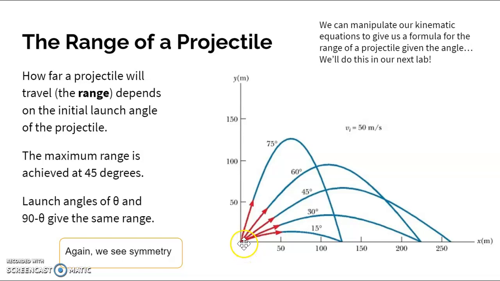So for example, a 60-degree angle, for an initial condition of something being launched at a speed of 50 meters per second, gives a range of 225 meters. Whereas 90 minus 60 being 30, if you look at the 30-degree range, we also get 225 meters. So it'll be interesting to see why that's the case. And again, I'm going to step you through that in a lab activity.